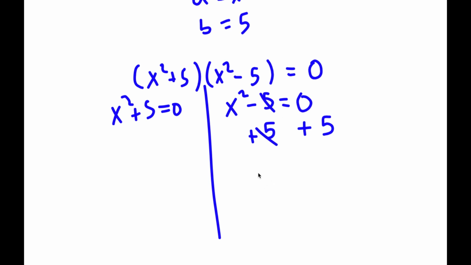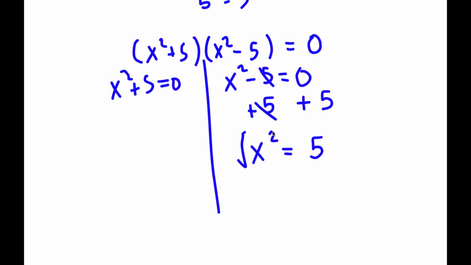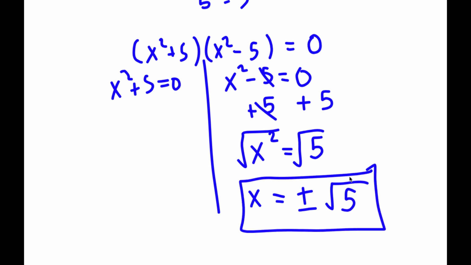So then these two cancel out, and I have x squared is equal to 5. Now to solve this, I'm going to take the square root on both sides. So the square root of x squared, that's obviously x, and I have x is equal to positive or negative square root of 5. So these are two solutions to this problem.